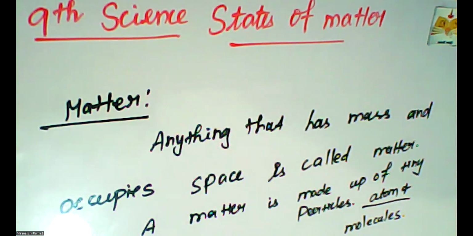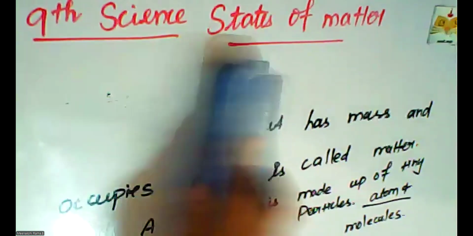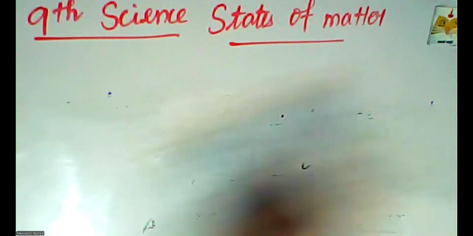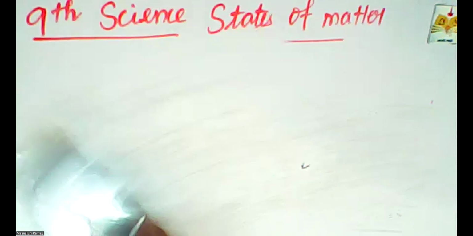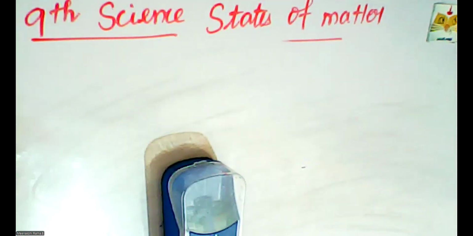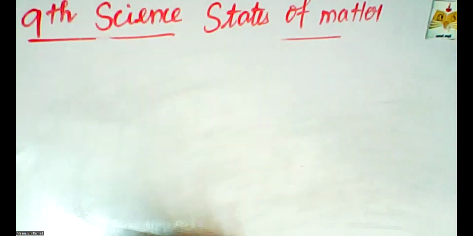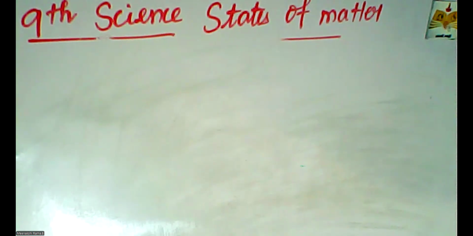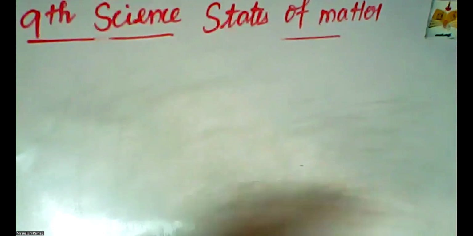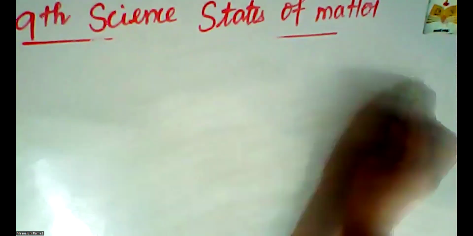There are three kinds of states, and the title of this session is states of matter. What are they? Solid, liquid, and gas. These are the three types of states.